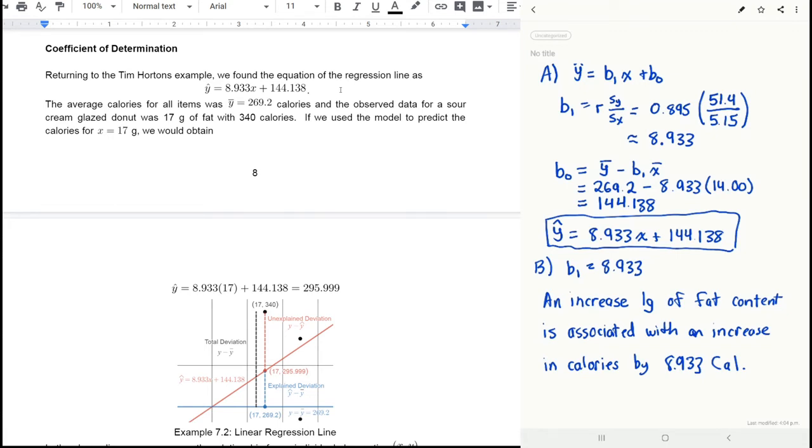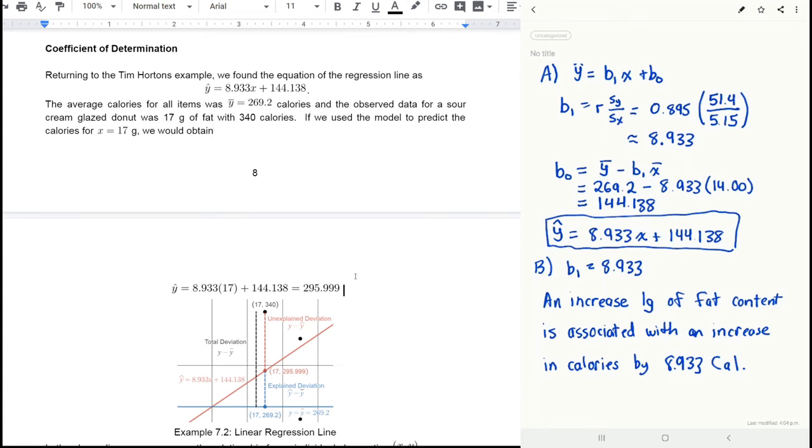If we look at one particular item, for example, the sour cream glazed donut, we found 17 grams of fat with 340 calories. If we use the linear regression line to predict the amount of calories for 17 grams, we would obtain 296 calories.